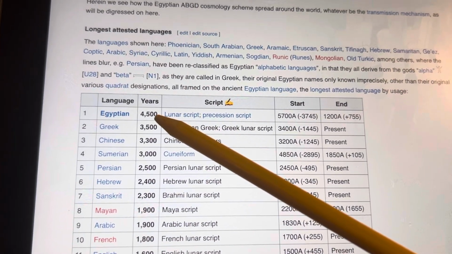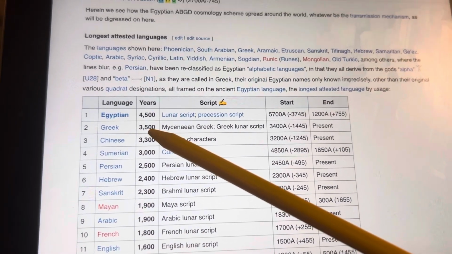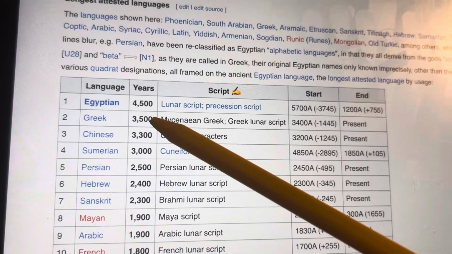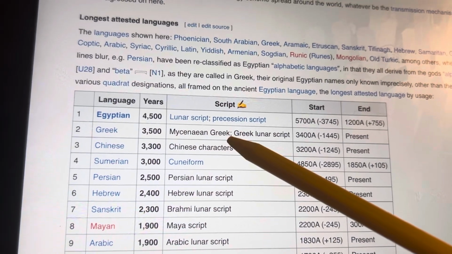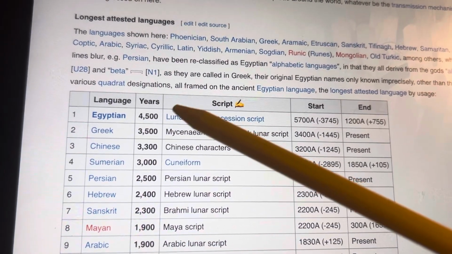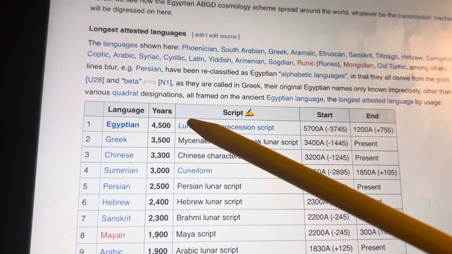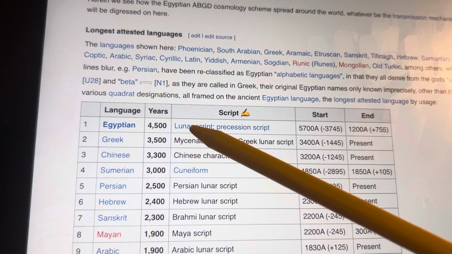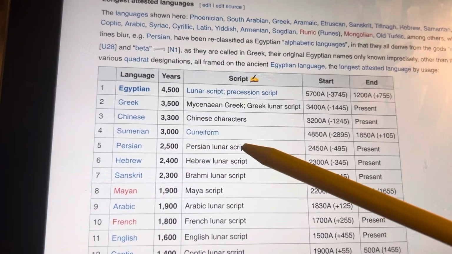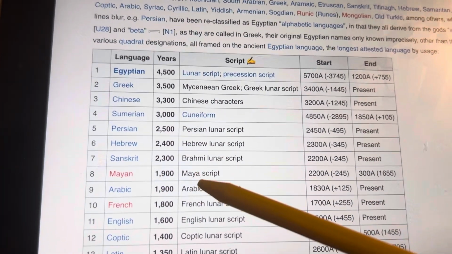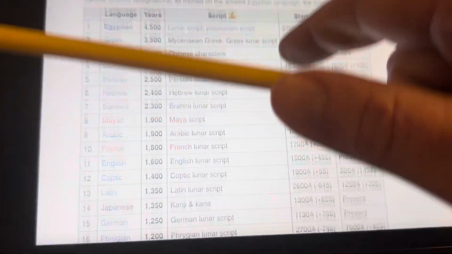And then we see Greek as the second longest attested language. But according to the present linguistics model, we are to believe, in spite of the fact that Greeks themselves, such as Herodotus, said that the names of the Greek gods came from the Egyptian hieroglyphs, that Greek had nothing to do with Egyptian hieroglyphs. That's the status quo model, which is incorrect. Same for all these languages: Hebrew, Sanskrit, Arabic, English, Coptic, which are all lunar script Egyptian-based.